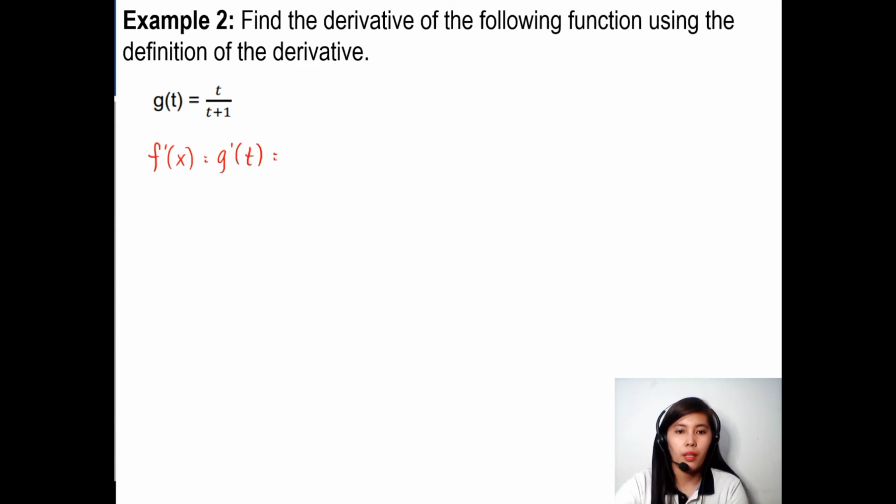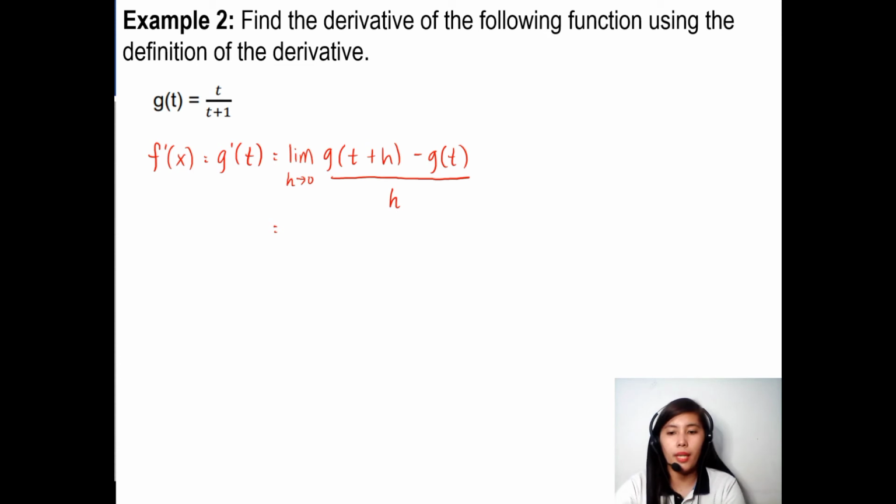So this will be the limit of g of t plus h minus g of t all over h as h approaches 0. Now let us substitute our given. We'll substitute t plus h for all the t in the given.